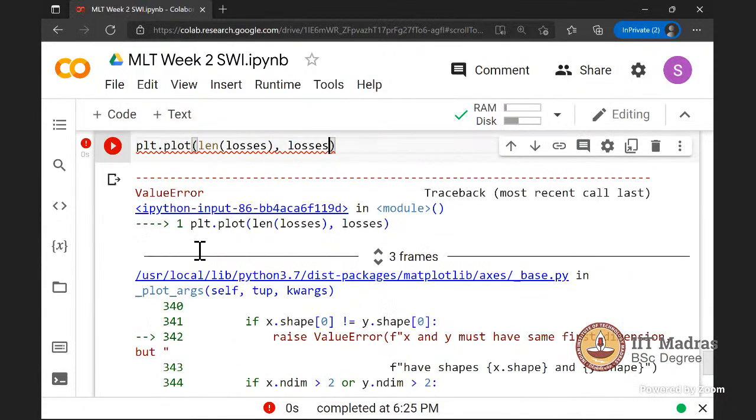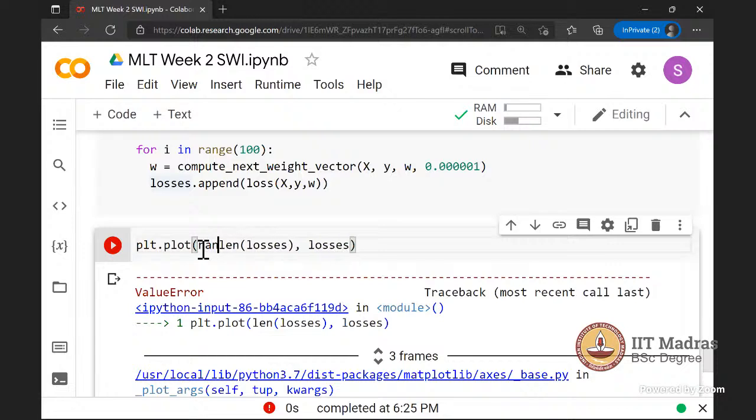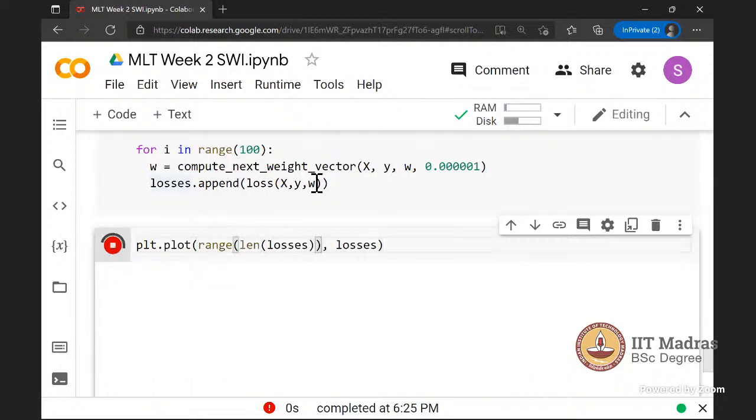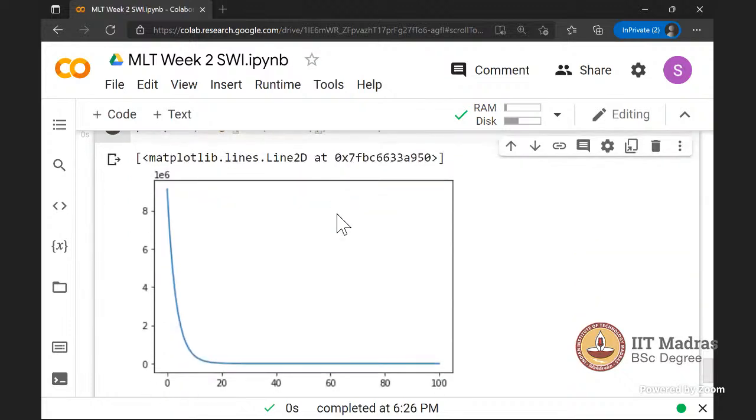Oh, no, I made a mistake. np dot arange, length of losses. There it is. And now it is coming out very, very smooth and nice. Around the 10th or 15th iteration, it was very close to the optimal solution. After that, we were just doing very small corrections that are not visible to the eye.